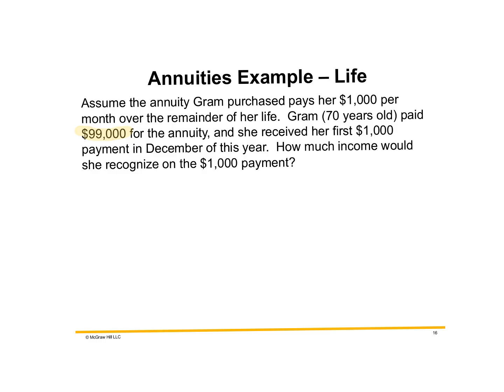And what we want to think about is how are we going to calculate the expected return for this annuity? So we're going to need a couple of pieces. First, we know that this annuity is going to pay $1,000 per month over the remainder of her life.